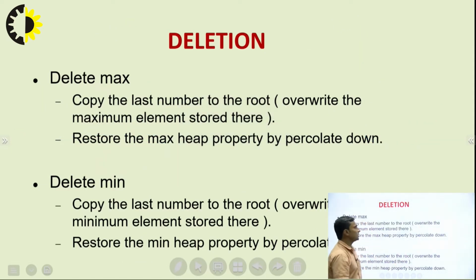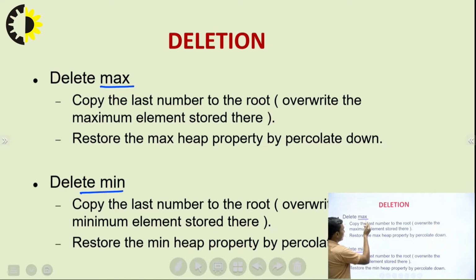The second operation is deletion operation. Now in this max heap or min heap, we generally delete the value which is available at the root node. So in that case we can say we are having a delete max operation and a delete min operation.